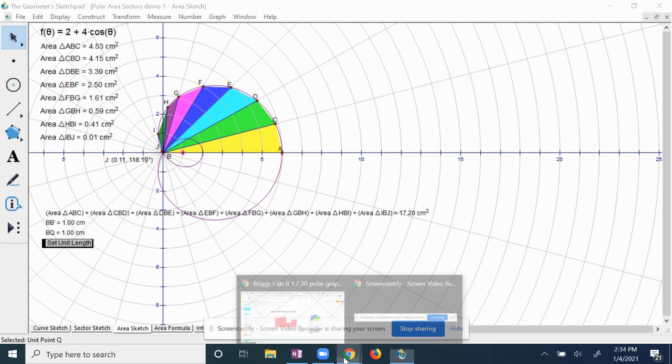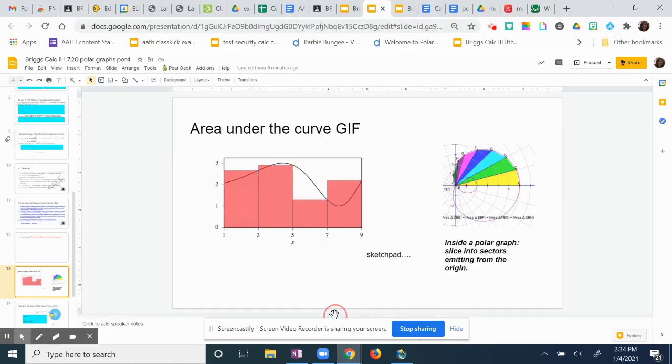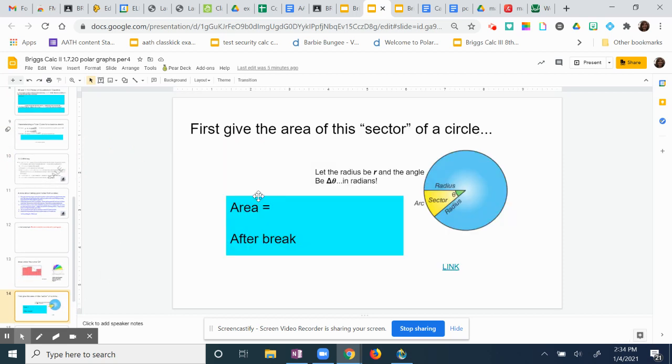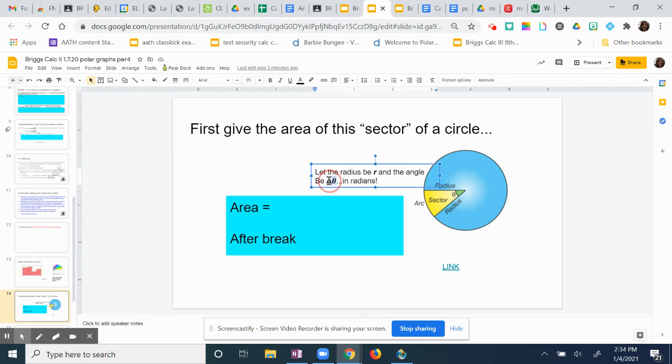So how do we find the area of a sector? Because I need to do infinitely many of those. So I'm going to go to slide 14 right now and type in how we find the area of a sector. Well, if the angle, for example, is delta theta, a change in radians, and the radius, for example, is r, I would take that delta theta and figure it as a fraction out of 360 degrees, right?